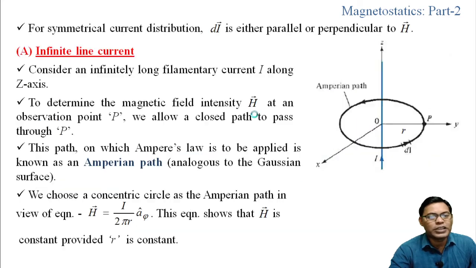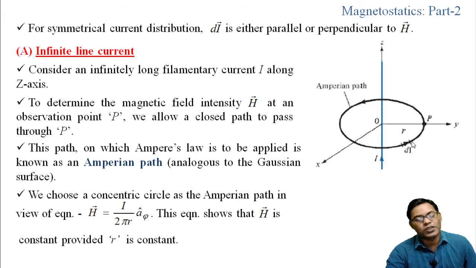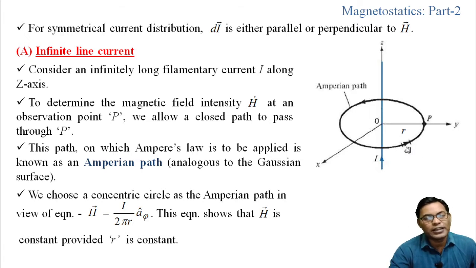To find dl, here you can see that a dl length we have considered, and in this length we can consider the current element dI. The dl length can be found if we draw a line from the origin to this point, that will be the radius. The radius varies with the angle of variation d phi, so d phi into r gives the length dl.